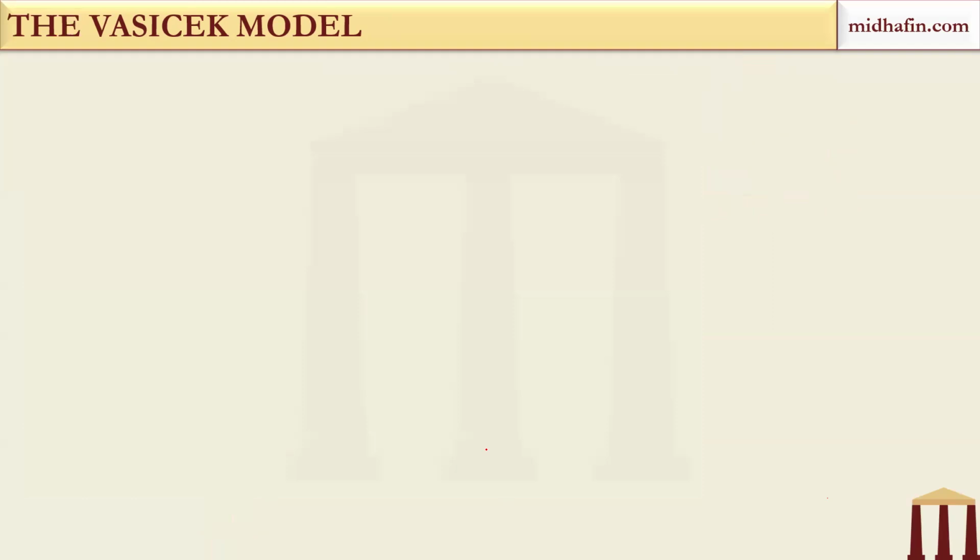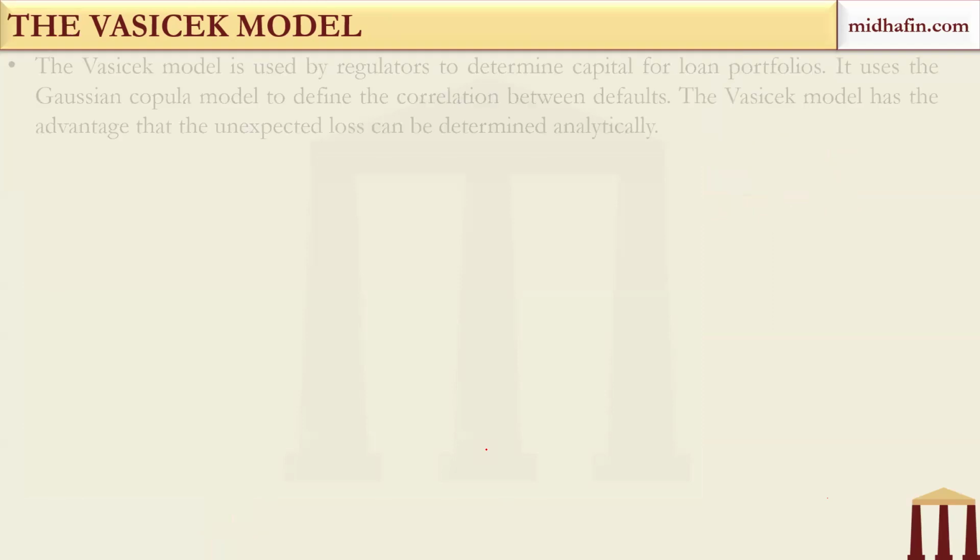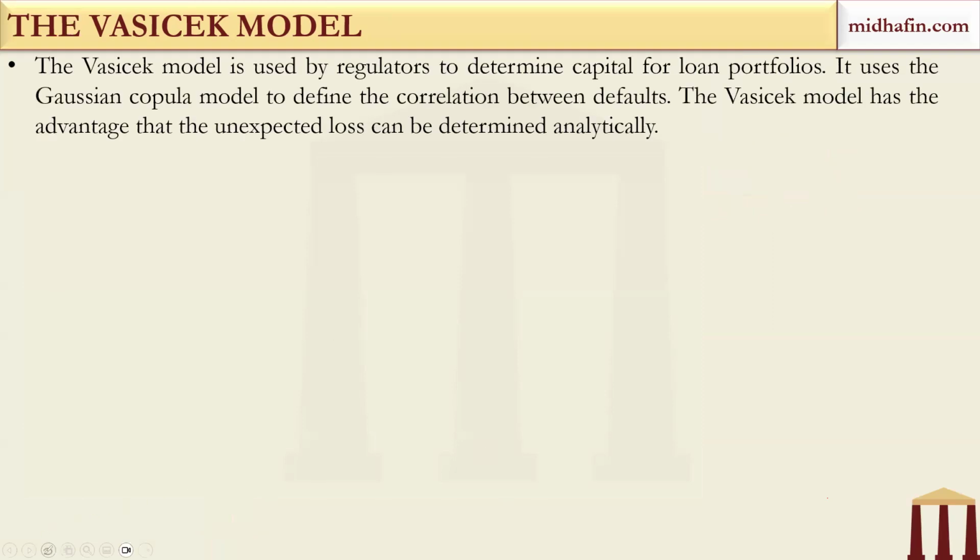Now let's come to the crux of the Vasicek model. As of now, we were just showing you what tools will be used for the Vasicek model. The Vasicek model is used by regulators to determine the capital for loan portfolios. It uses the Gaussian copula model to define the correlation between defaults.